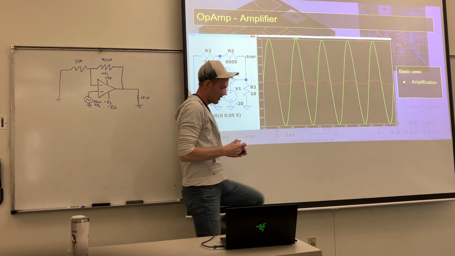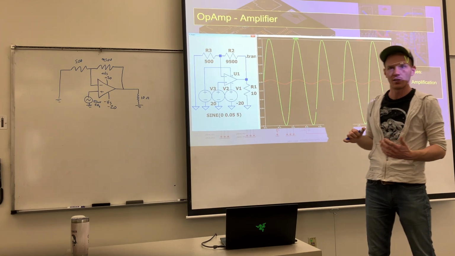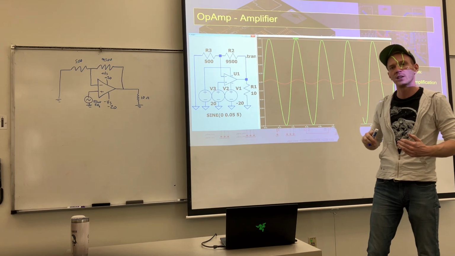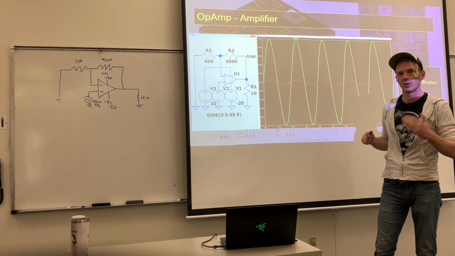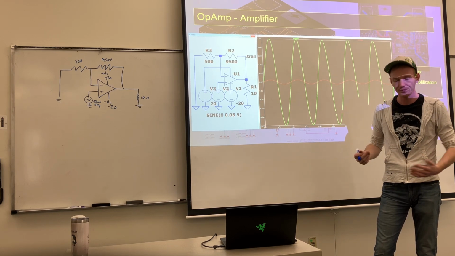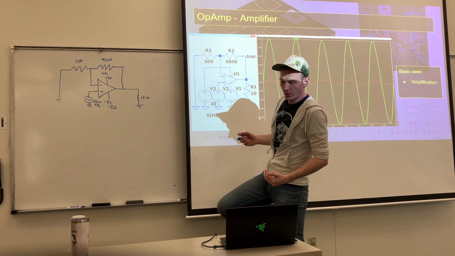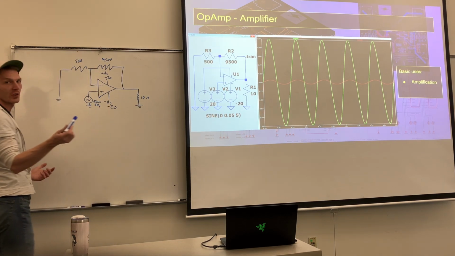Basically, the difference between an ideal and a non-ideal op-amp that is relevant to us here is that non-ideal op-amps, real op-amps, take a bit of time to transition. They are not instantaneous. They have what's called a slew rate. That slew rate is actually very important for this. Imagine starting from 0.